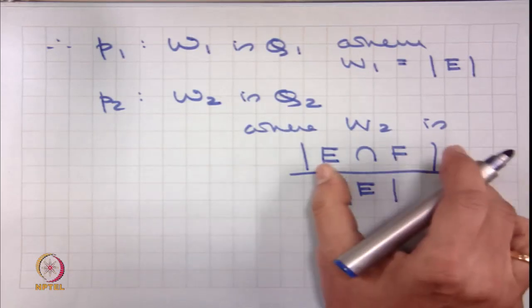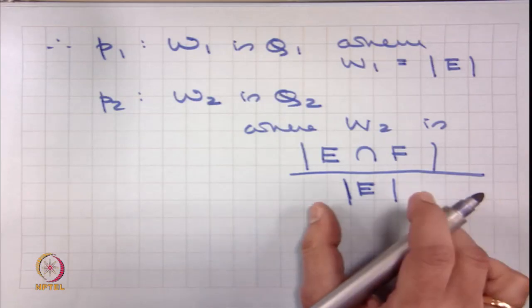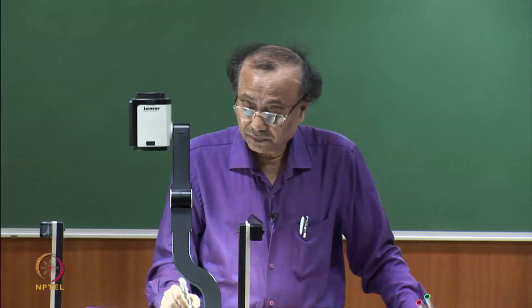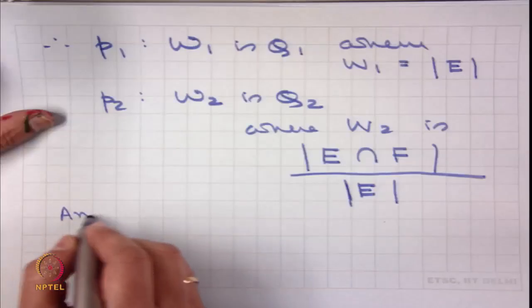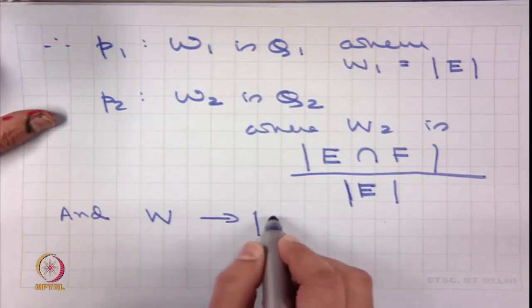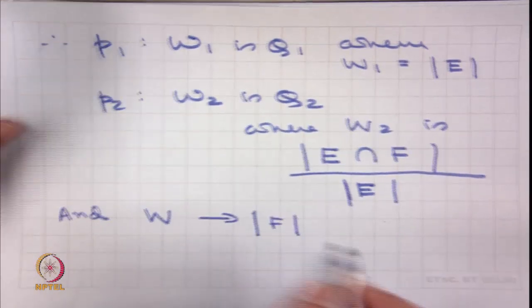So, this gives us the proportion of how many of the rainy days there is going to be a traffic jam. And W is going to be the cardinality of F.